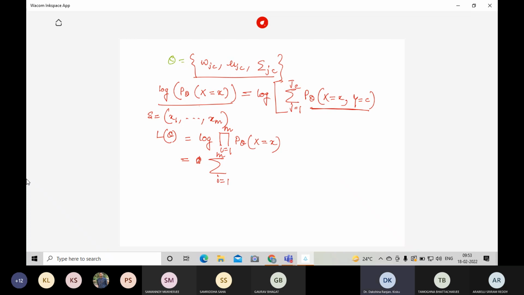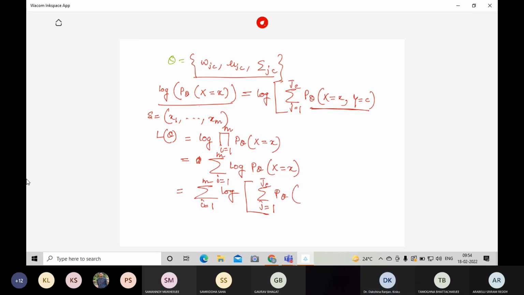So we could write log of p theta, X equals to small x. And further we can write the summation over i equals to 1 to m of log of the summation over j equals to 1 to jc of p theta, so the summation over this joint distribution.